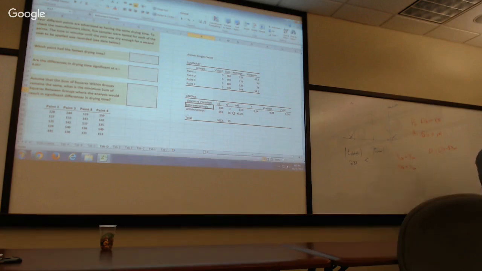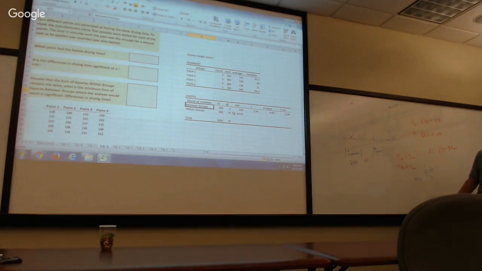So, our mean of squares between groups is going to be equal to our sum of squares between groups divided by degrees of freedom, which for this will always be 3.